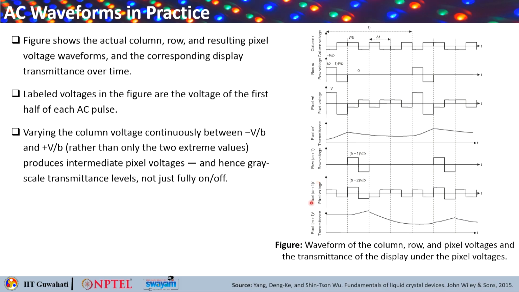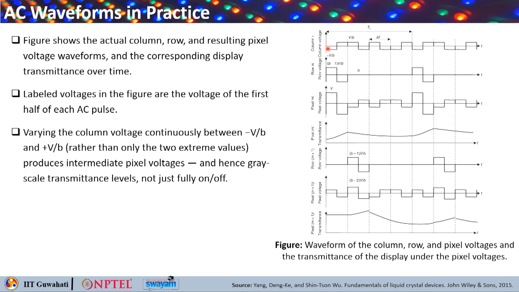Here you can see that transmittance level. If you carefully look into this slide and the diagram, this grounds the abstract voltage scheme algebra in an actual timing diagram. This figure shows the real column, row, and pixel voltage waveforms over time, and also the resultant transmittance.